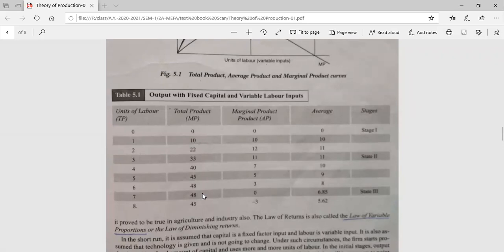Okay. So when there is a single person, he is able to produce only 10 units. But when there are 2 persons in the labor, that means with the help of one another, they have increased the productivity. Since there is an increase in the labor, there is further increase in the productivity.